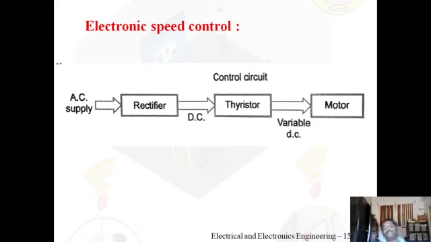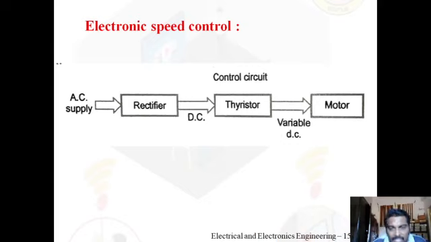In order to get a pure DC, we take the help of filters. The output of a rectifier with diodes is a pulsating DC. So if we make use of filters, we will get a pure, fixed DC.